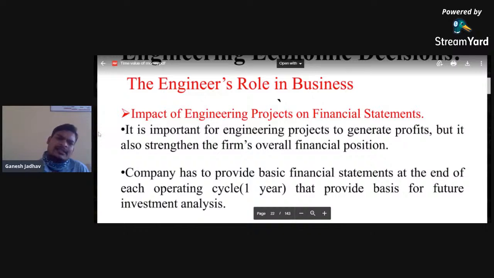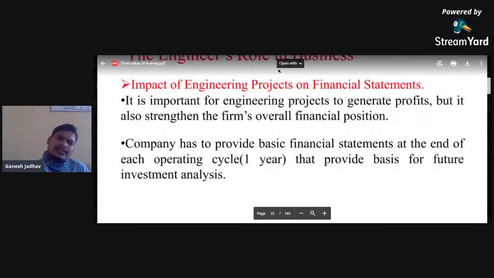The company has to provide the basic financial statement at the end of each operating cycle, okay. Operating cycle means the working of the project, how much period is required to complete the total working of the project. So the operating cycle provides the basis for future investment analysis.